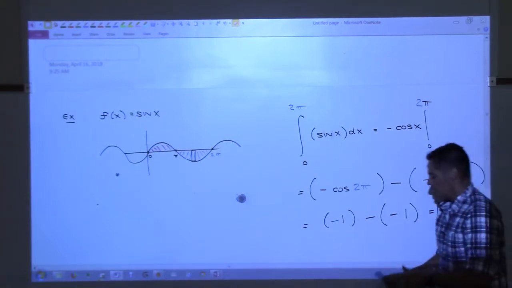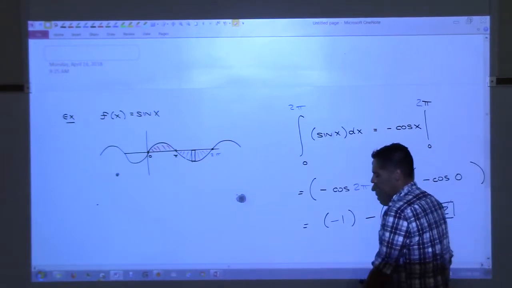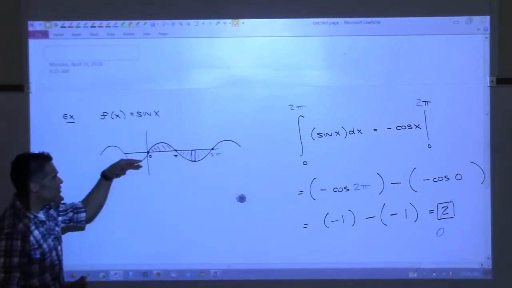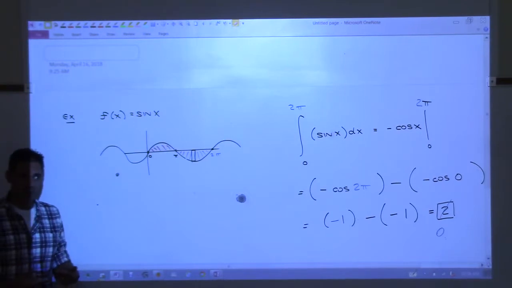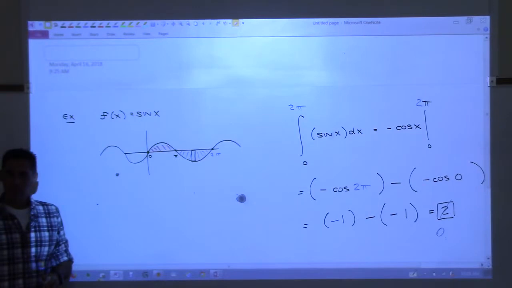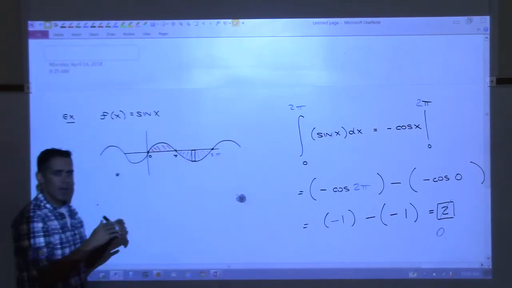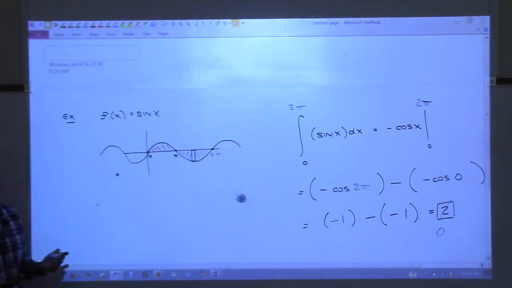So this is a little bit troubling, because whenever we're doing this evaluation theorem, if our graph goes below the x-axis, it's going to count it as negative area. So if you get an answer of 0, that doesn't mean that the function was flat the whole time at 0. It means that there might have been some positive area and some negative area, and they cancel each other out.